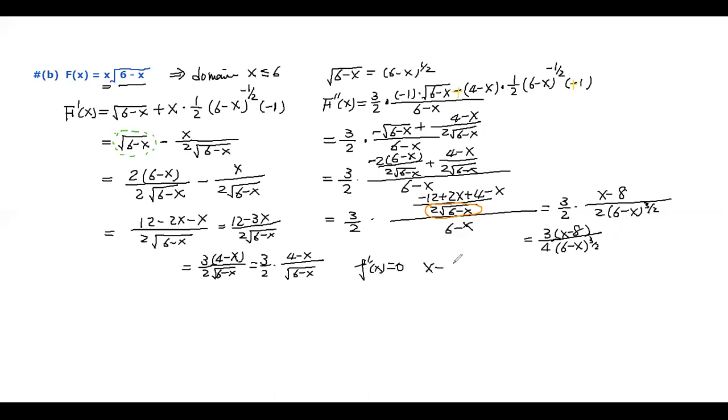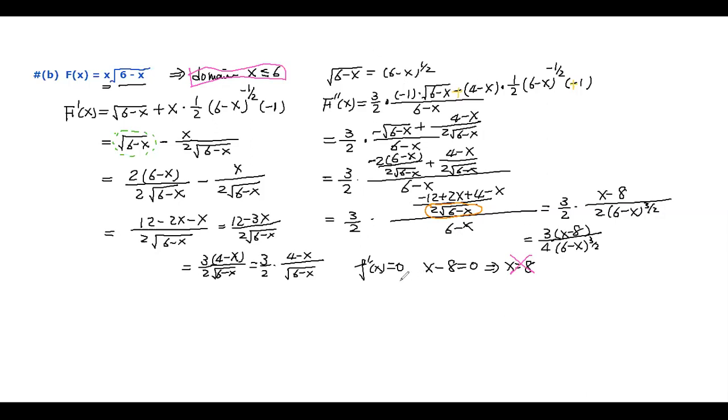So that means x minus 8 equal to 0. If x minus 8 equal to 0, that means x equal to 8. But x equal to 8, look here, the domain here is x less than 6. So this number cannot be, because it's not in the domain. So x cannot be 8.